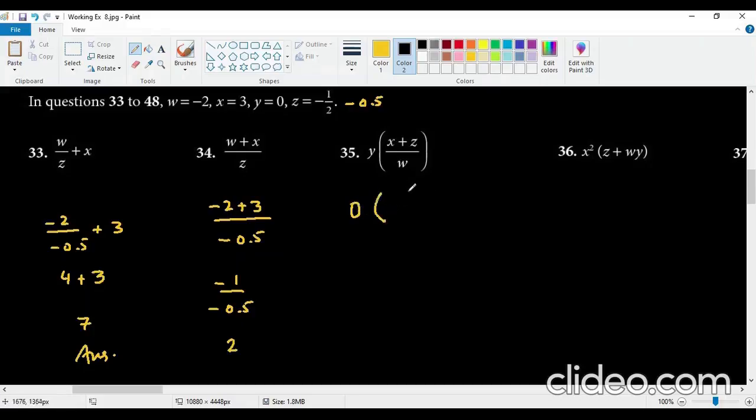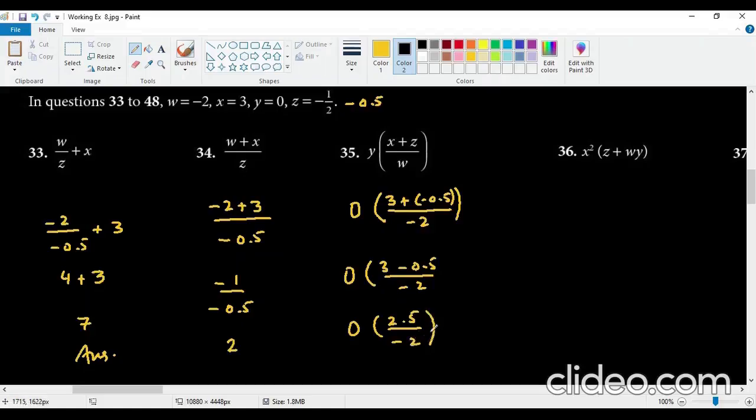Now, the value of y is going to be 0, which is going to be multiplied by the value of x, which is 3, plus z is negative 0.5. Ultimately, once you multiply anything by 0, you should get a 0, but still this working is to be seen on the paper once you're doing it. So 0 times 3 minus 0.5 divided by minus 2, and 0 multiplied by 3 minus 0.5 is going to give you 2.5 divided by minus 2.